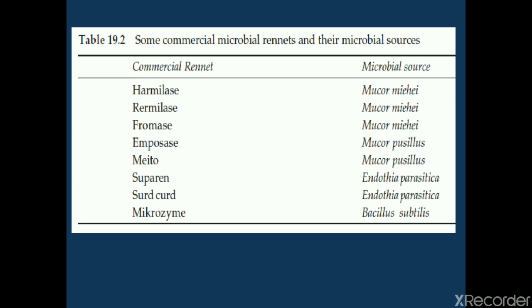For example, Hannilase is a type of proteolytic enzyme obtained from Mucor miehei. Mucor miehei seems to be a very commercially important organism as a source of these different types of rennins.